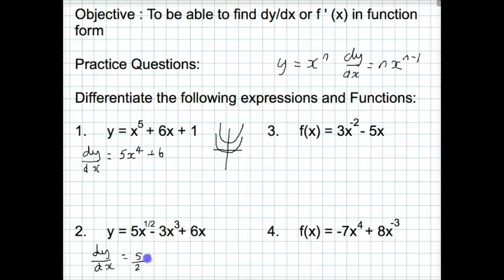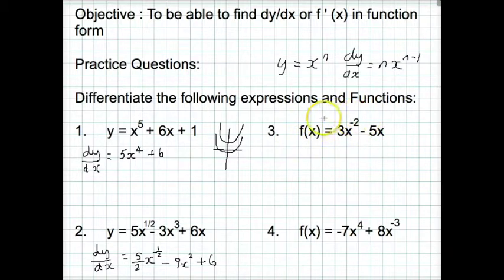So 5 over 2 x, and this power goes down by 1, which takes us to negative 1/2. Then the second term, 3 times 3, gives us a negative 9, and the power goes down by 1, so negative 9x squared. And the last one, we've done the 6x already, we know that the x just disappears, so it becomes plus 6.